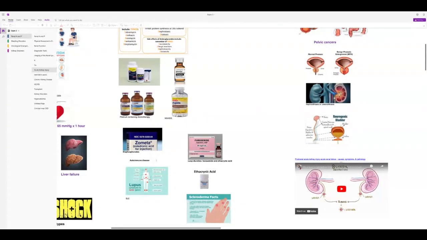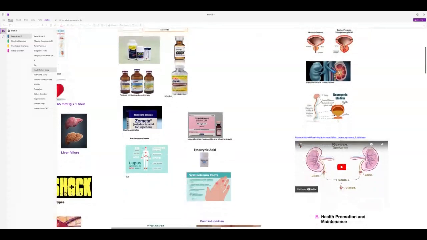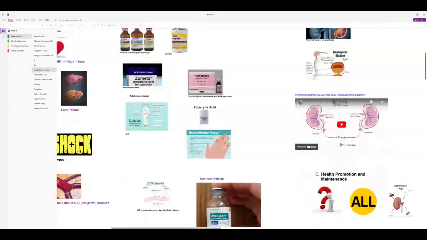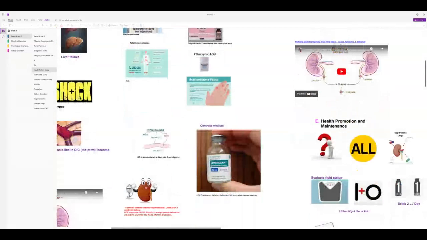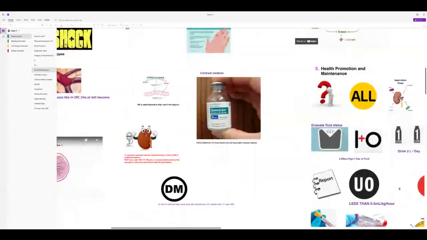Loop diuretics can damage the kidneys. Lupus, scleroderma, all those connective tissue diseases, diabetes, hypertension can also cause an intrarenal AKI. All right, diabetes and contrast medium.